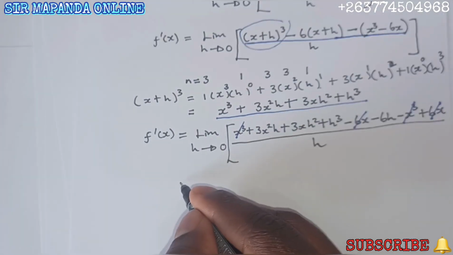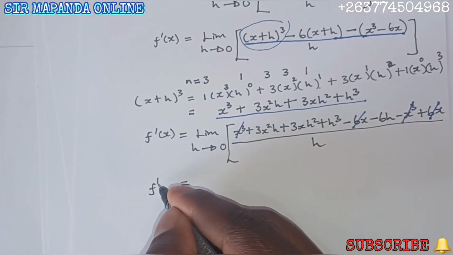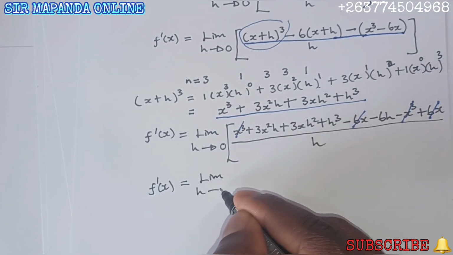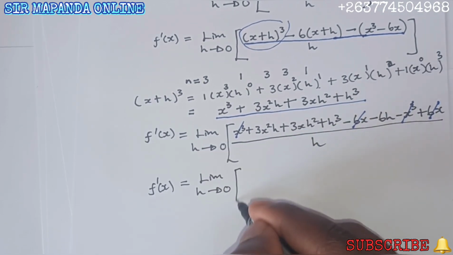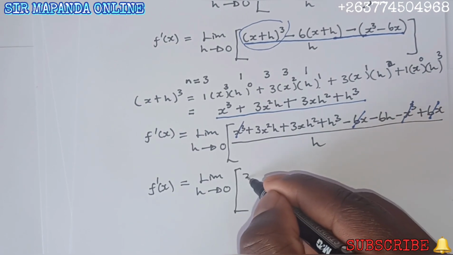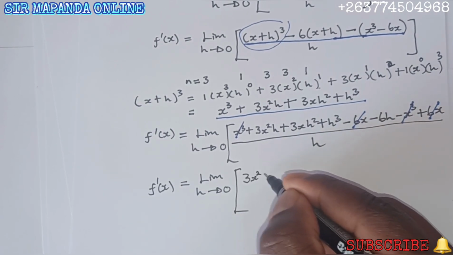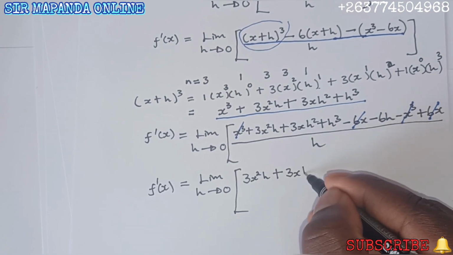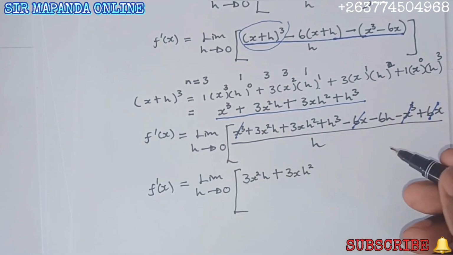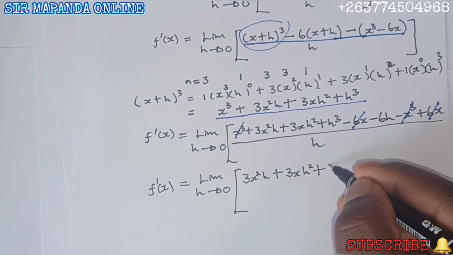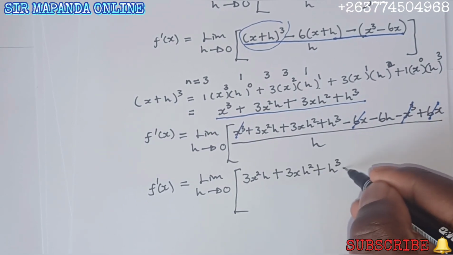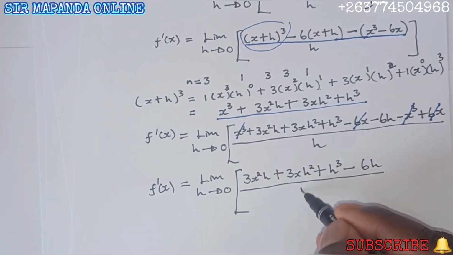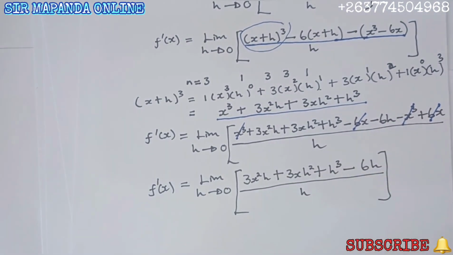So it means, let me write my limit here, h approaching 0. It means on our numerator, you'll be left with 3x squared h plus 3xh squared plus h to the power of 3 minus 6h, all over h, something like this.